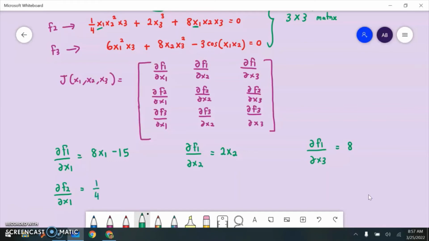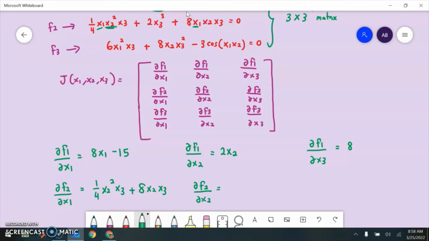Where else? Here, I will have 8x2 x3. So plus 8x2 x3. That's it. That's with respect to x1.